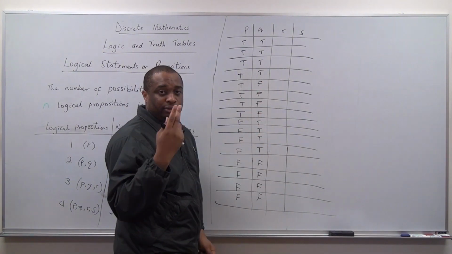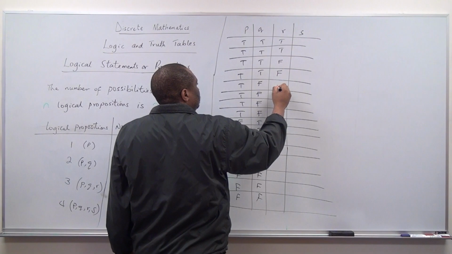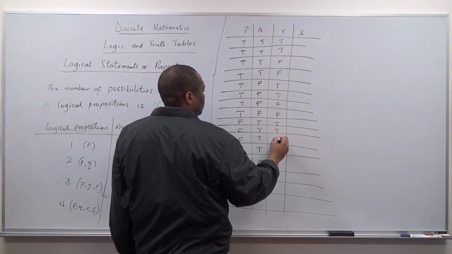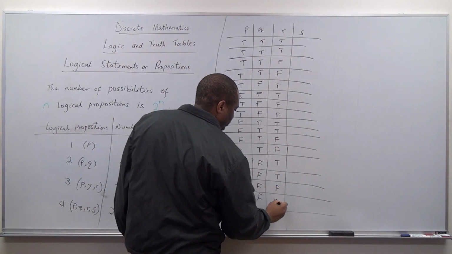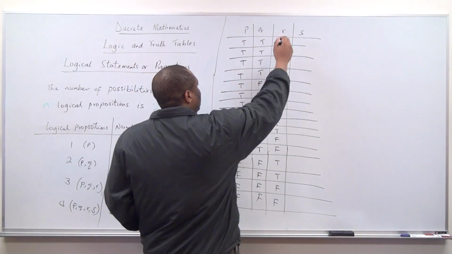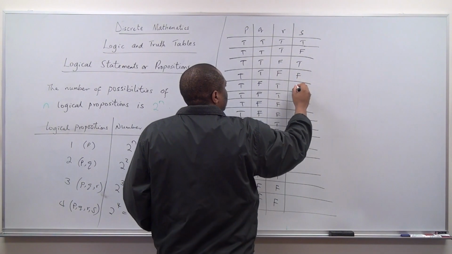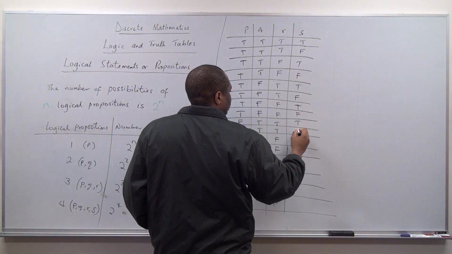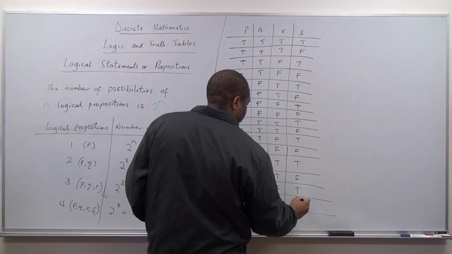And 4 divided by 2 is 2 for R: true, true, false, false, repeated four times. Then for S, 2 divided by 2, 1: true, false, true, false, alternating sixteen times.